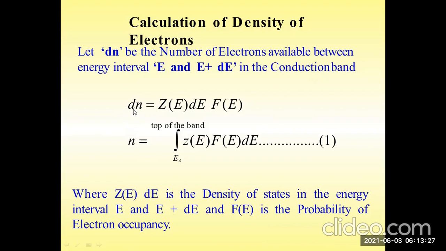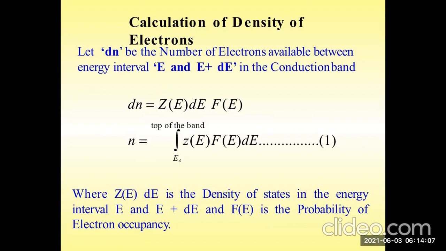Clear, everybody? Now the number of electrons is represented with a small dn, which is given by Z of E, the density of energy states. When I talk about an electron, definitely the electron will have some energy state. So mathematically, dn is equal to the product of the density of energy states Z of E and F of E, where F of E is the probability of occupancy of the electron.